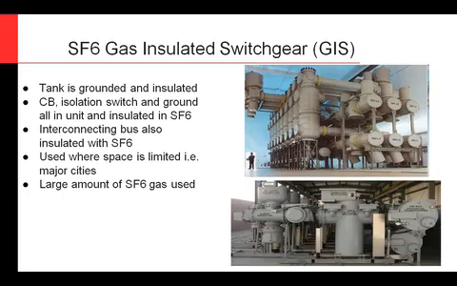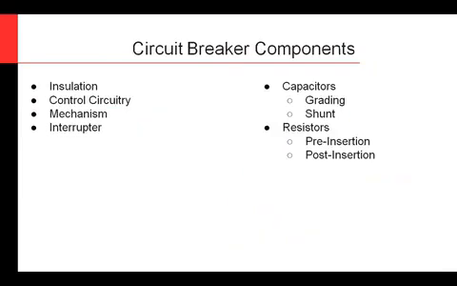I've also seen where they'll take it like a national park, and they got lines coming in and they need a substation, but they don't want to take a lot of area of the national park. They'll put a GIS system in there. So a large amount of SF6 gas is used, but it's a trade-off because you get the substation to shrink a lot.